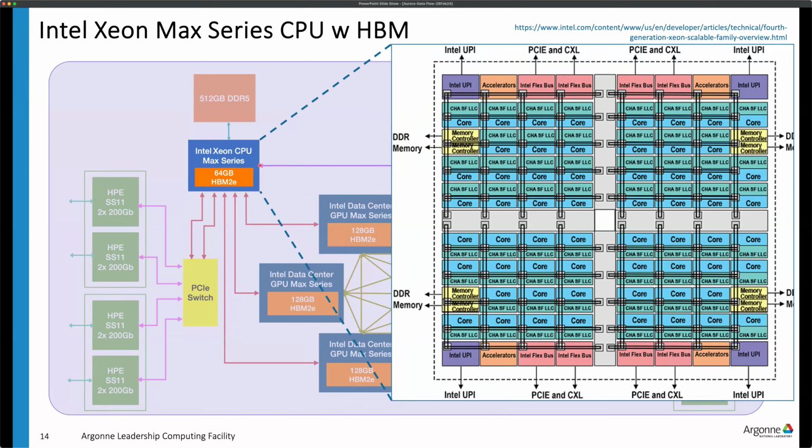So here is a blown up view of the CPU. Again, more details are available in this link above here. The key thing for the Sapphire Rapids, the Xeon Max series CPU that we have on the Aurora blade, is it's composed of different dies, and then you have a physical boundary connecting all these dies together.